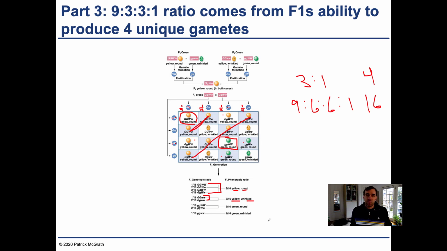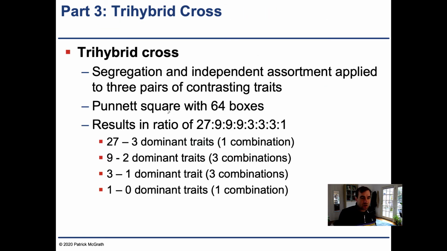So for the dihybrid cross, it's a very important ratio to remember, the 9 to 3 to 3 to 1 ratio, and that's with respect to the phenotypes, and that can be figured out just by looking at this Punnett square. And you can even move on to more complicated crosses, so trihybrid crosses, where instead of having an individual produce 4 gametes, you would have an individual produce 8 gametes.